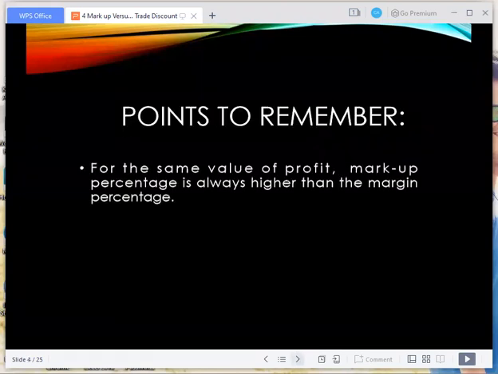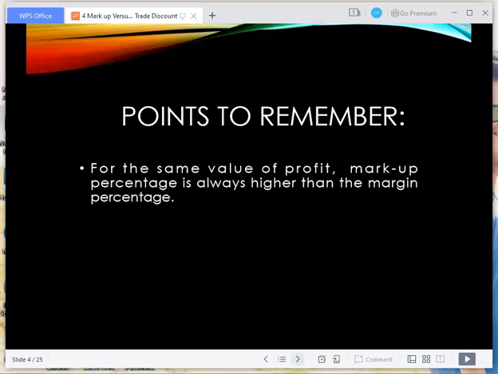So this is what you need to remember. For the same value of profit, markup percentage is always higher than the margin percentage. So for example, one store offers 60% markup. The other store offers 60% margin.